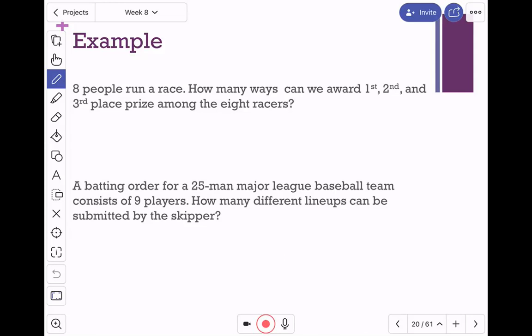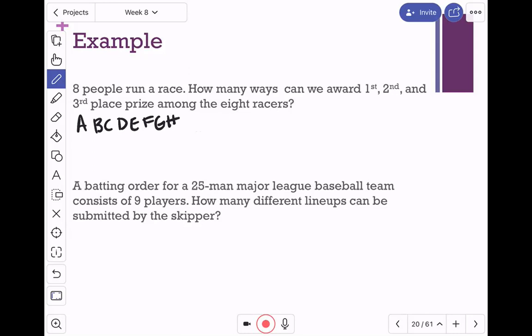So I have these people running a race: A, B, C, D, E, F, G, and H. I want to know the different ways I can rearrange first, second, and third.